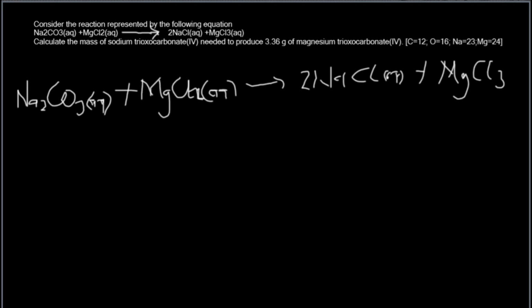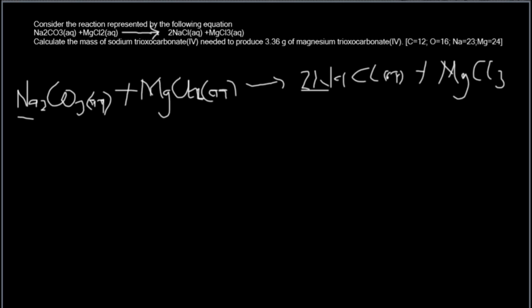So what you have to consider is the reaction. If you get this type of question, make sure the reaction is balanced. From the reaction, you can see that we have two Na here and two Na there, so it's balanced. C is 1 here and 1 there, so C is also balanced.